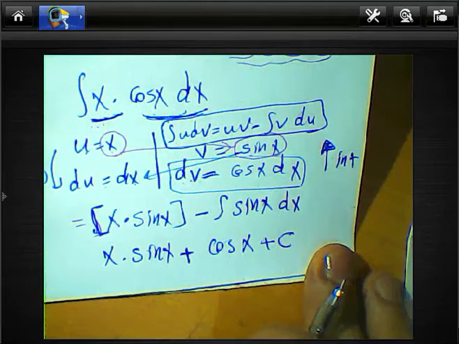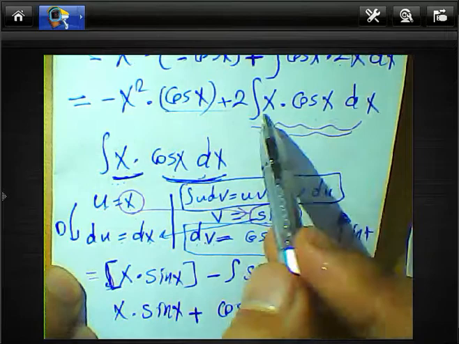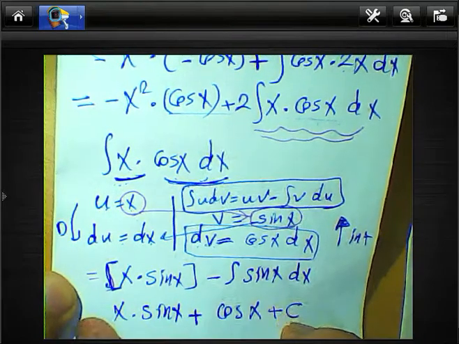So we can complete the example here. You can cancel this integration and write this expression here.